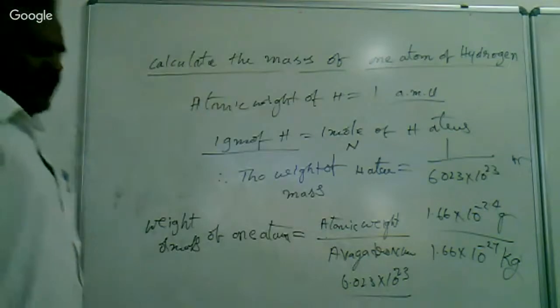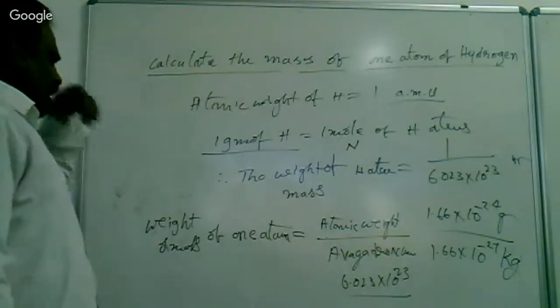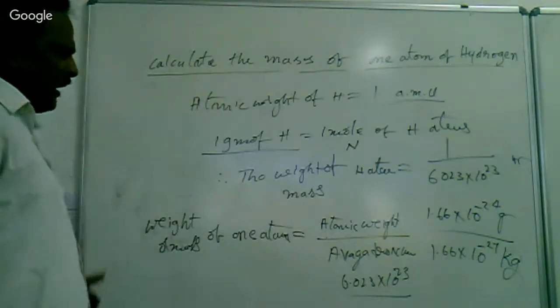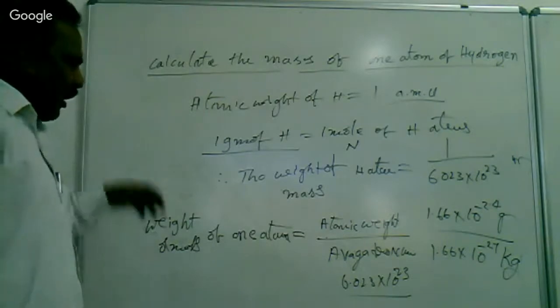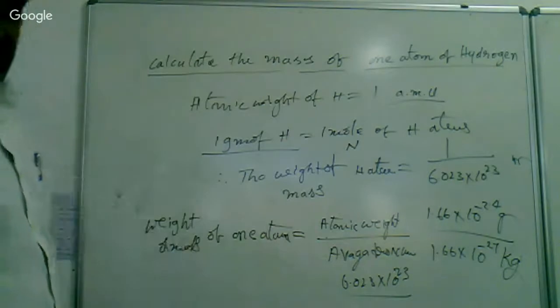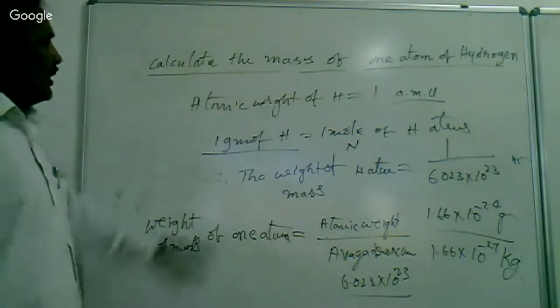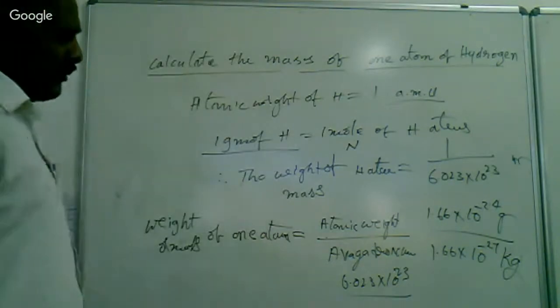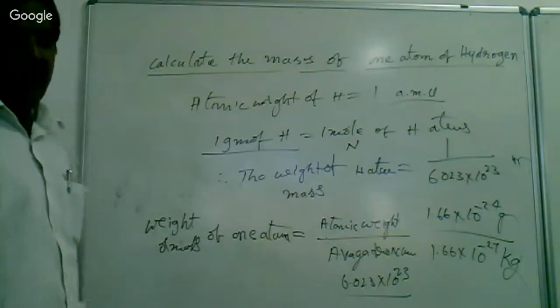You take any element; if you want to find the atomic weight of a single atom, it's atomic weight by Avogadro number, which is the weight of a single atom. So in case of hydrogen, it's 1.66 into 10 power minus 24.